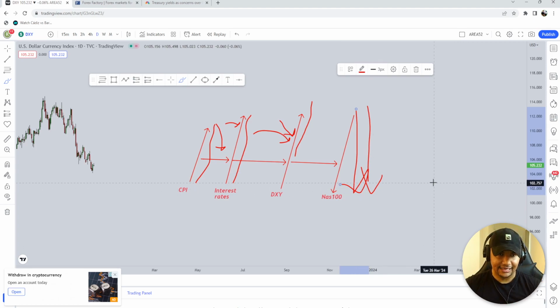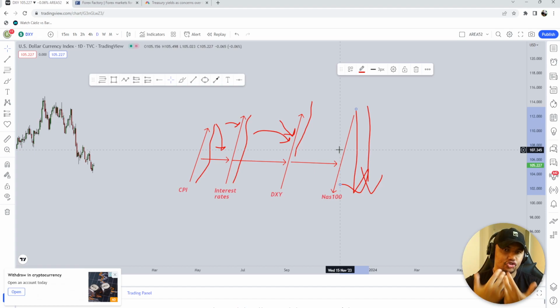Now you take the same concept and you reverse it entirely. If consumer spending is low, it means inflation is coming down. That means the Fed doesn't need to hike interest rates anymore, because consumers are now not spending as much as they should. The Fed starts hiking interest rates at a lower point, 0.50, 0.25.